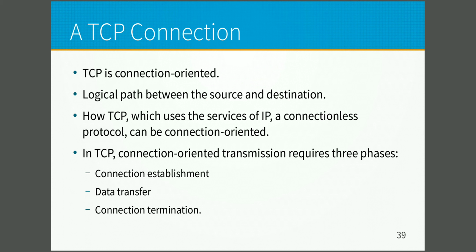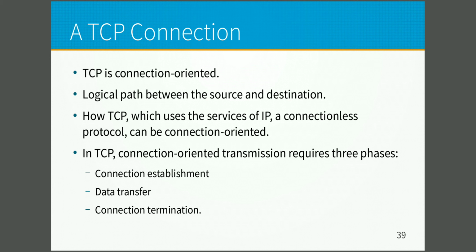Or it could also happen that, because of the services of IP, the segments may arrive in an unordered fashion. In this case also, TCP holds back all the segments until any previous or missing segment has arrived.